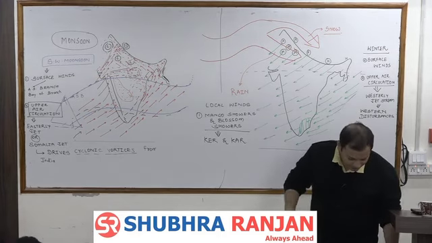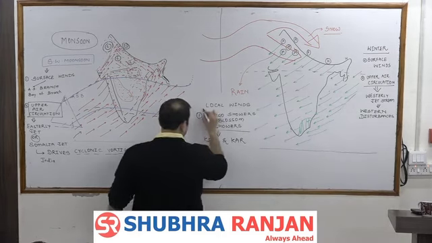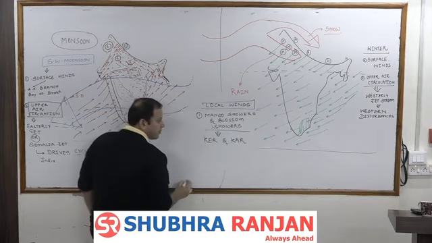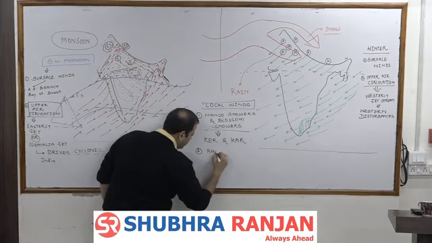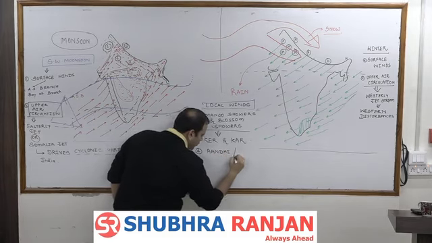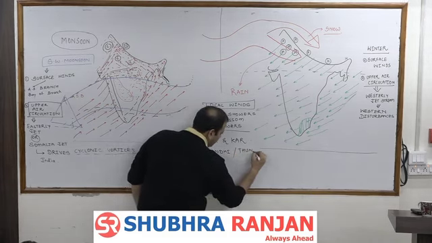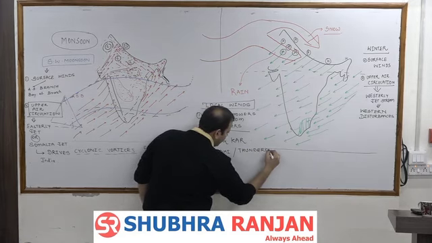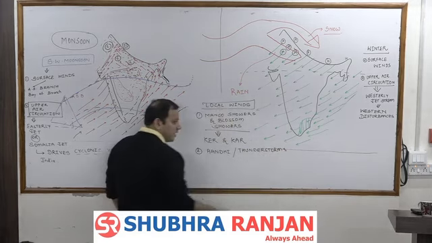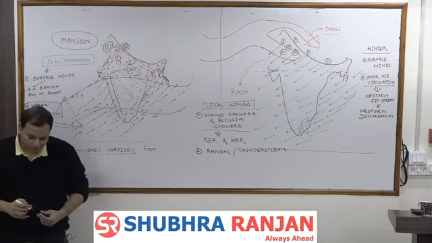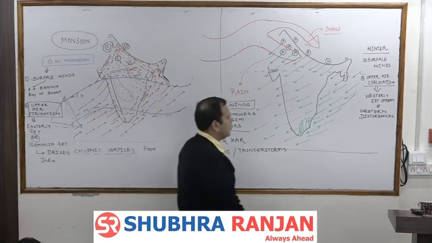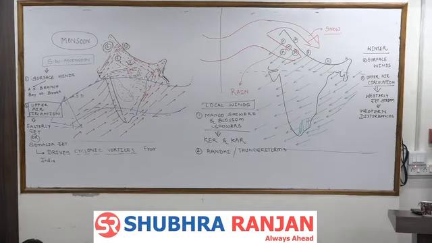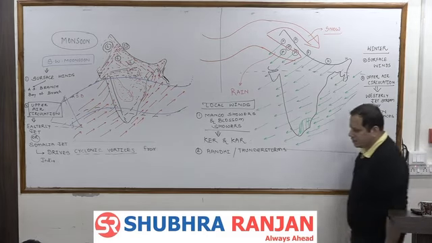Second local wind: Aandhis and thunderstorms. We have not done these yet, we are only writing the names now. Aandhis or thunderstorms which develop in the Great Plains of India.